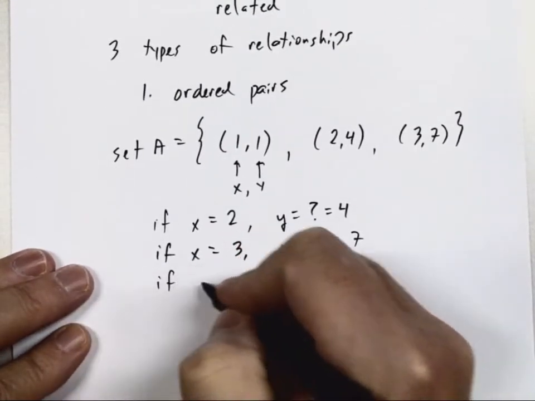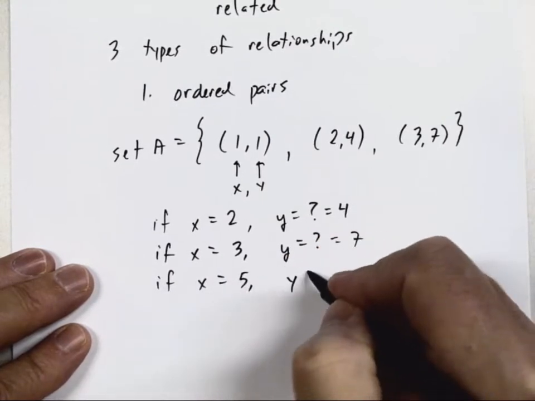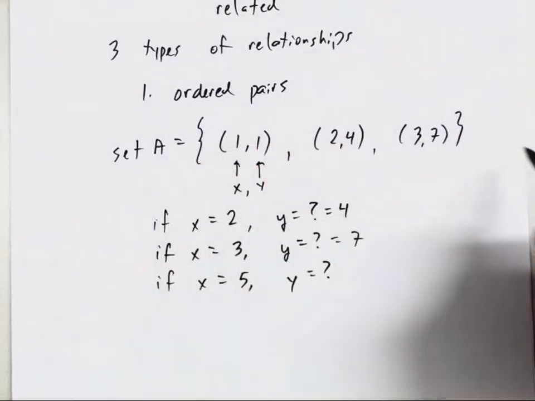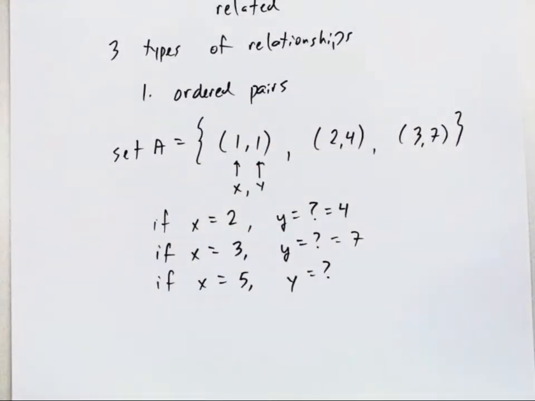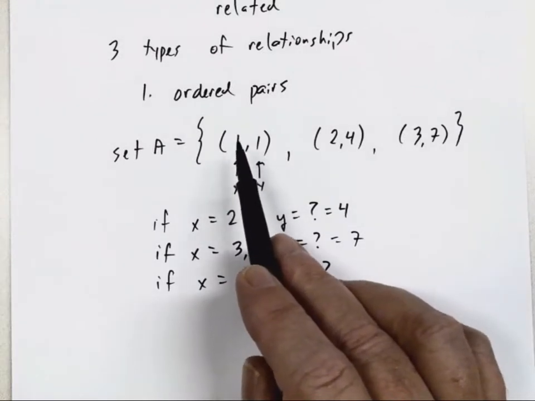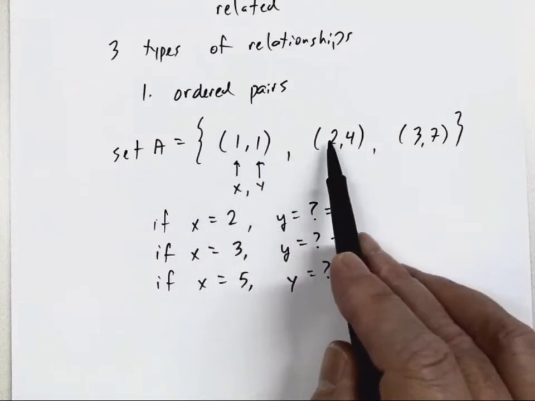Here's an interesting question. For this set A, if x equals 5, what does y equal? We look up here. So I need to find an ordered pair that has a 5 in the x position. Here it's 1, here it's 2, here it's 3.